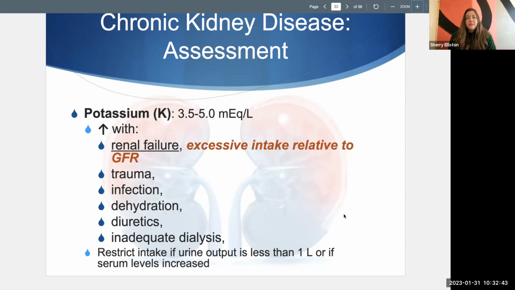As the renal disease progresses, you will start to see a strict reduction in the amount of potassium that is allowed in an individual's diet. The potassium can also be high due to other things like trauma, infection, or dehydration. But you're definitely going to restrict potassium if the urine output becomes really compromised and low.